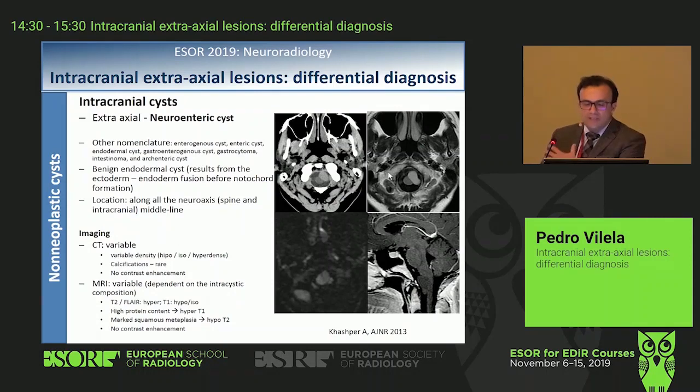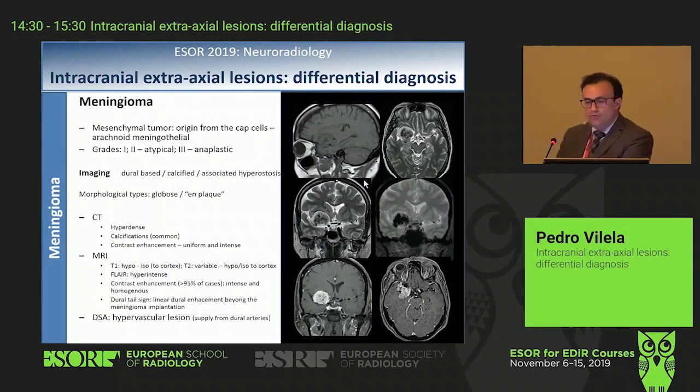So there is no clear signal intensity specific to define it. How do we define it? We define it by the location, generally at the midline and on the ventral portion of the brain, all along the skull base, and it can also happen in the spine.